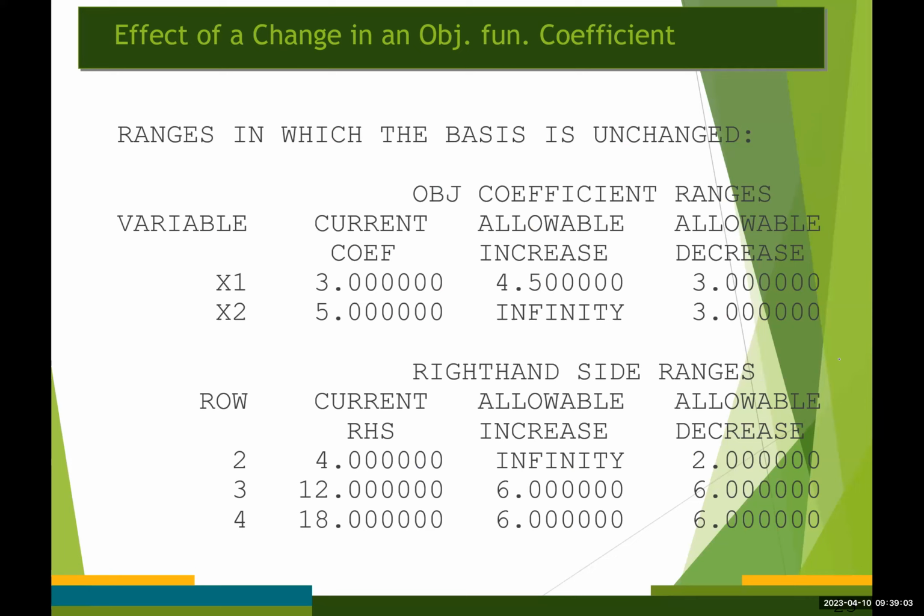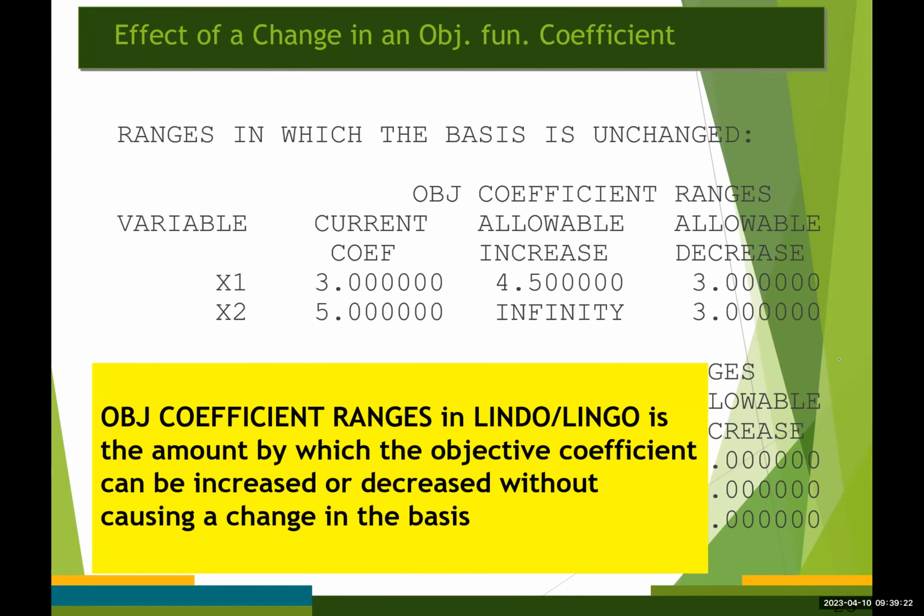And earlier, I showed you how to get this price and range information from Lindo or Lingo, right? So both Lindo and Lingo provide the objective coefficient ranges by which the objective coefficient can be increased or decreased without causing a change in the basis.